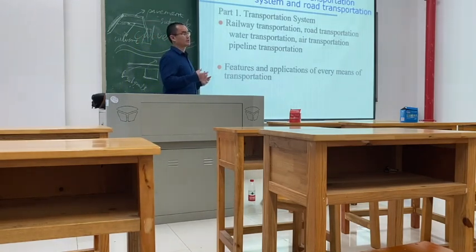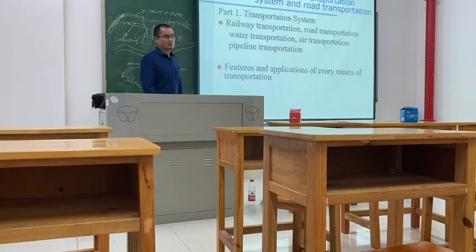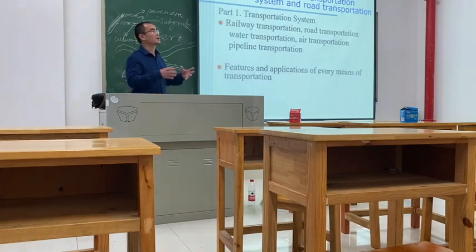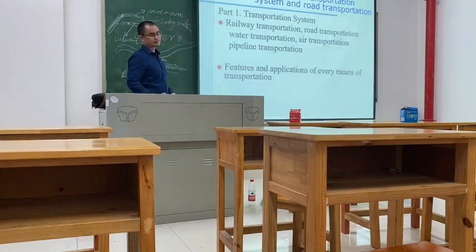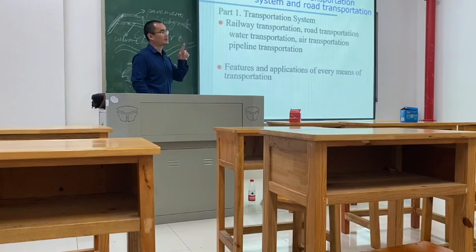Pipeline transportation is for gas, for oil, for petrol. Petrol is 汽油, oil is 石油, gas is 天然气. Water transportation is divided into river transportation and sea transportation.